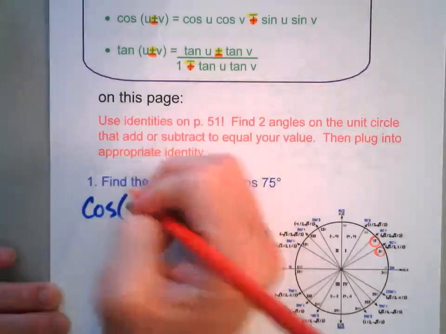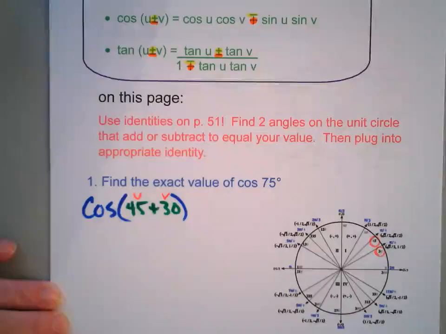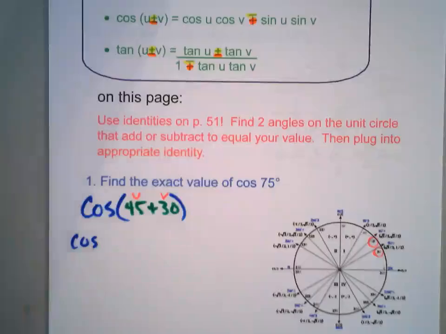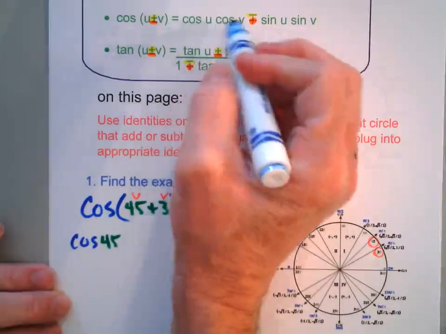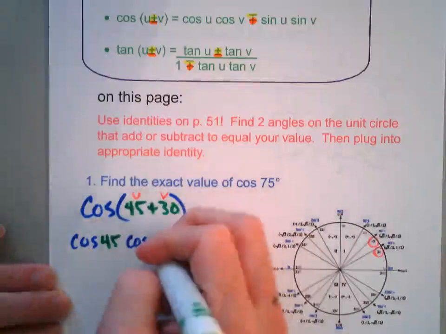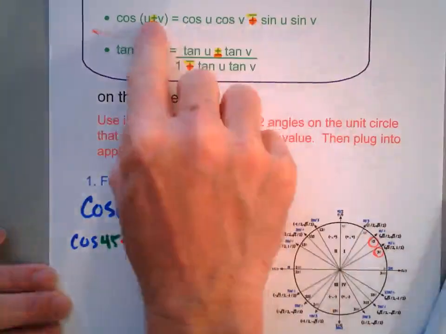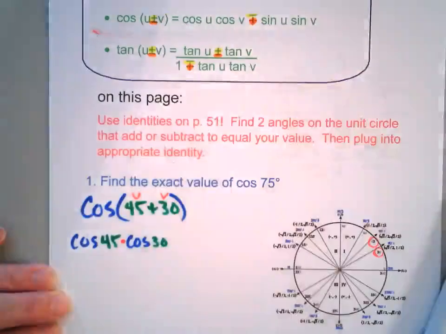The 45 will be the U angle, and the 30 will be the V angle. So cosine of U, cosine of V, so that's cosine of 45. And this is a multiplication. This is cosine of U times cosine of V. So times cosine of 30. I'll throw a multiplication sign in there for you. And then we say, okay, we're doing plus on the angles. So as we come over, we use a subtraction sign in between.